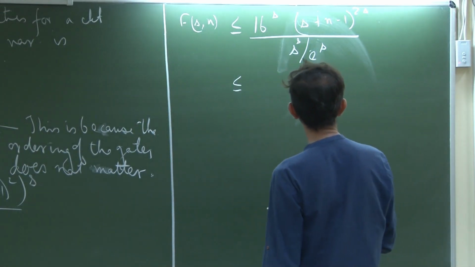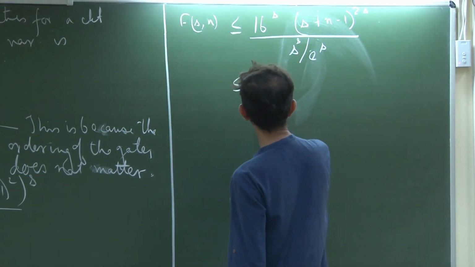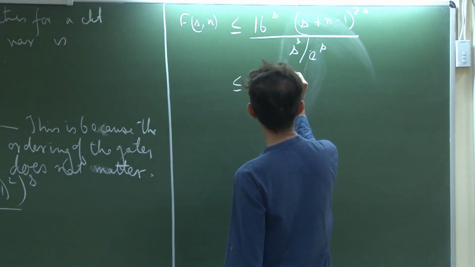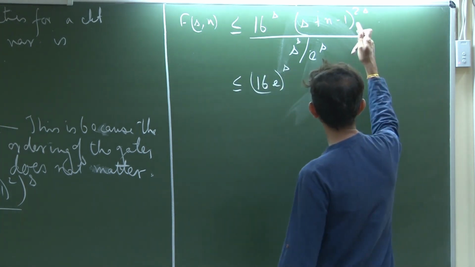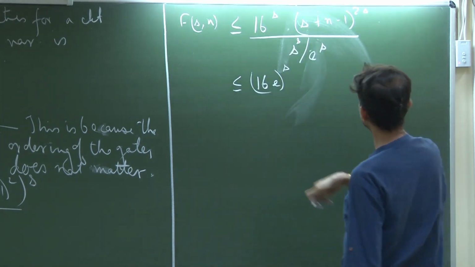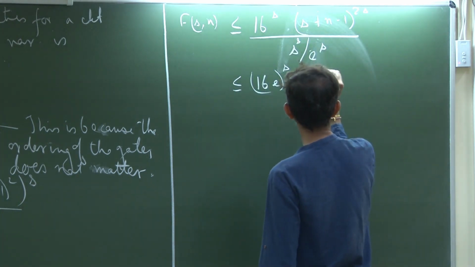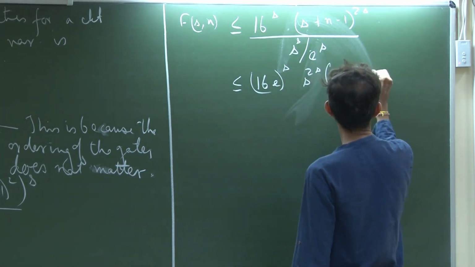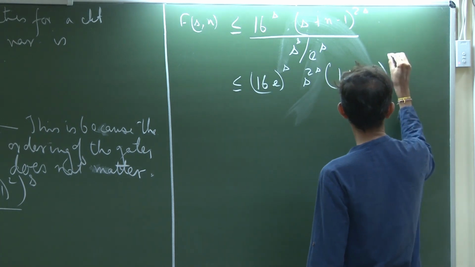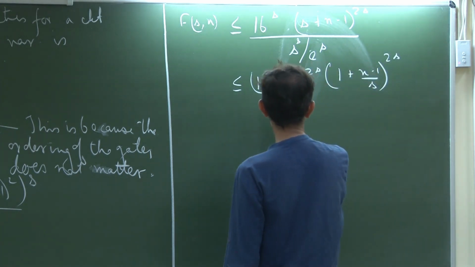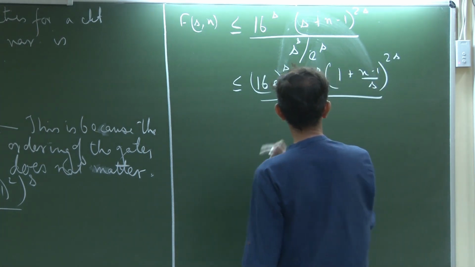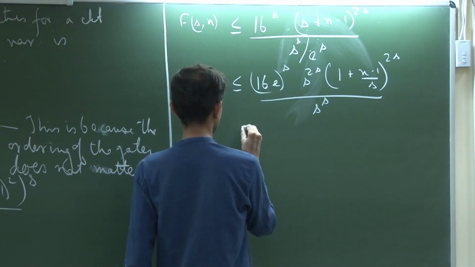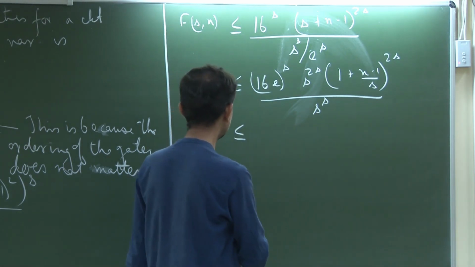So, this I can write as 16e whole to the power s. I will take this s outside. So, this becomes s to the power 2s times 1 plus n minus 1 over s, to the power 2s, divided by s to the power s. So, 2s and s cancel out, and we get s to the power s over here.